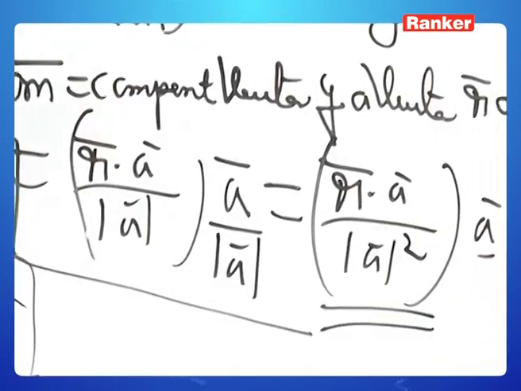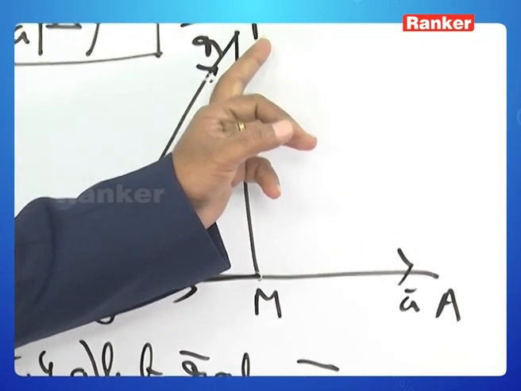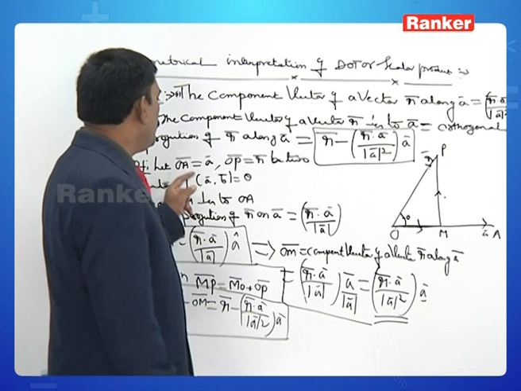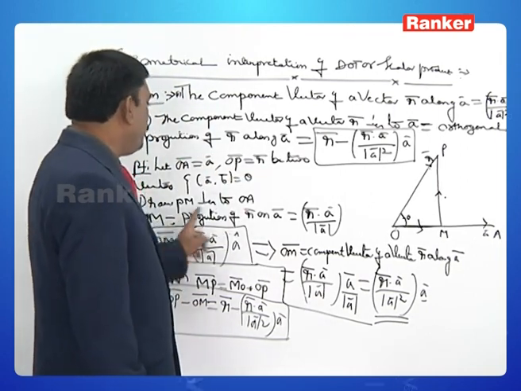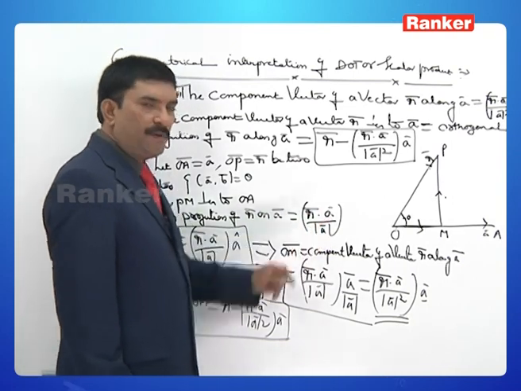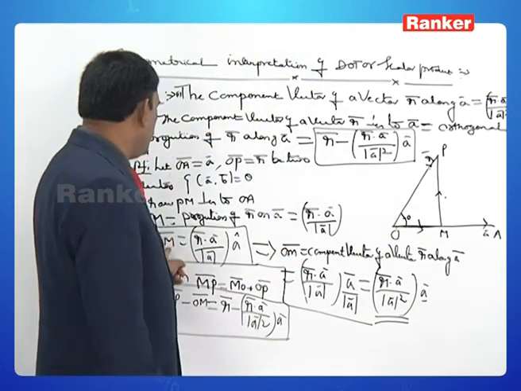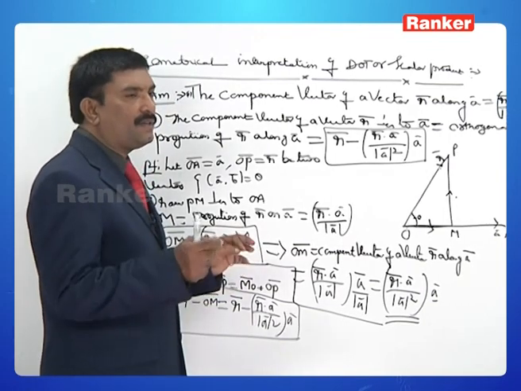Friends, again you see: let OA bar be A bar and OP bar be R bar, two vectors with theta the angle between them. Draw PM perpendicular to OA. OM is the projection of R bar on A bar, R bar dot A by modulus of A. But OM is a length; to convert it into a vector, multiply with the unit vector in the direction of A bar.